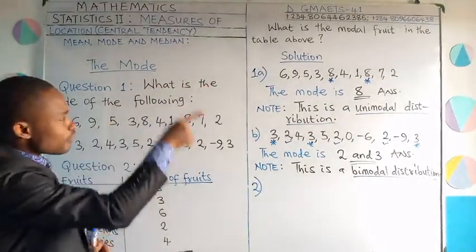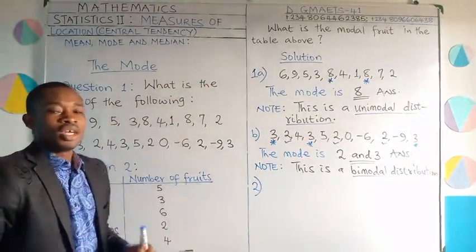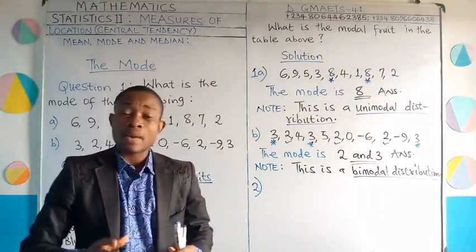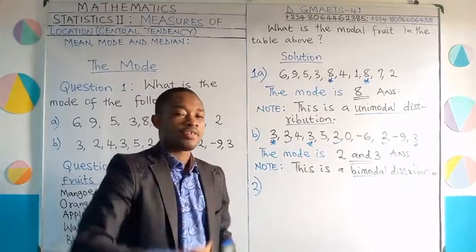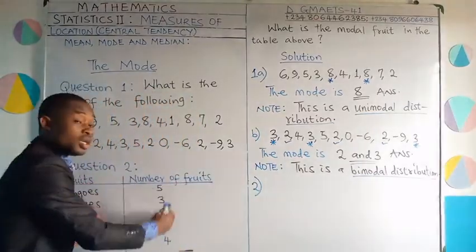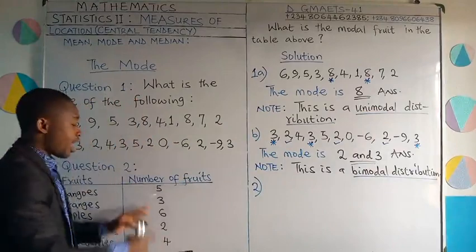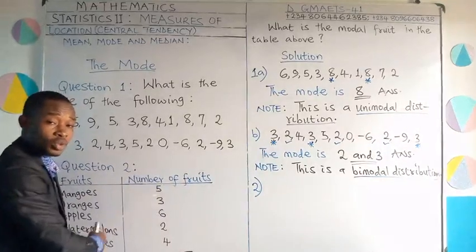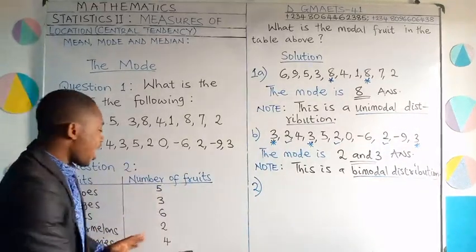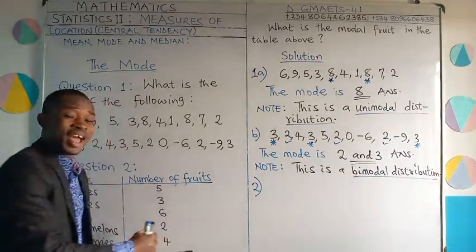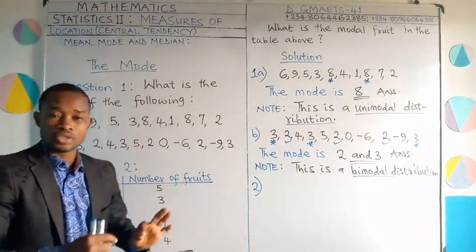So what is the modal fruit in this table? Remember that we also define mode as the highest occurring frequency. In this table, we have number of fruits. This number of fruits is the same as the frequencies of the fruits. So the highest frequency here will help us to get the mode.